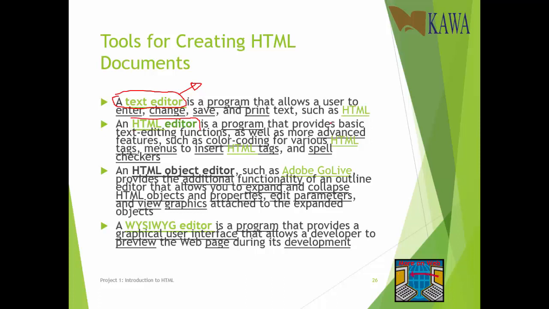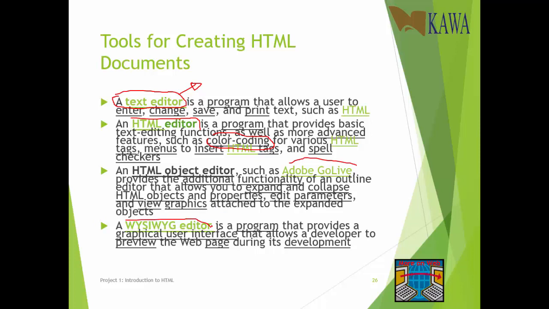An HTML editor is a program that provides basic text editing functions as well as more advanced features such as color coding, which we'll look at, for various HTML tags, menus, insert tags, and spell checkers. An HTML object editor such as Adobe GoLive provides additional functionality of an outline editor that allows it to expand and collapse HTML objects and properties, edit parameters, and view graphics attached to the expanded objects.